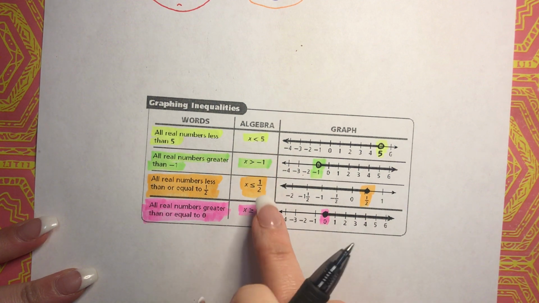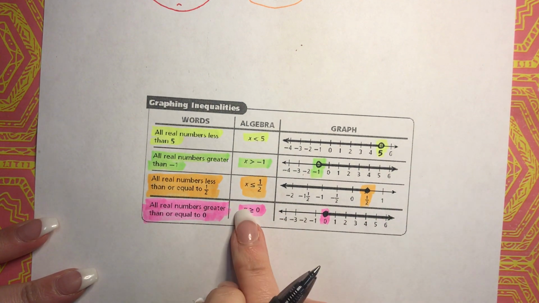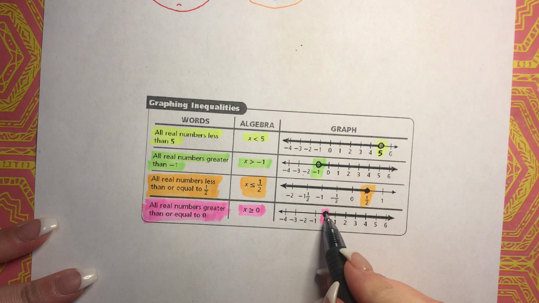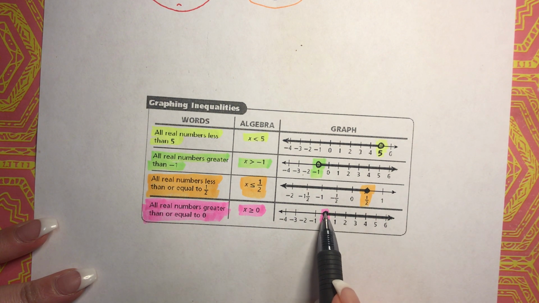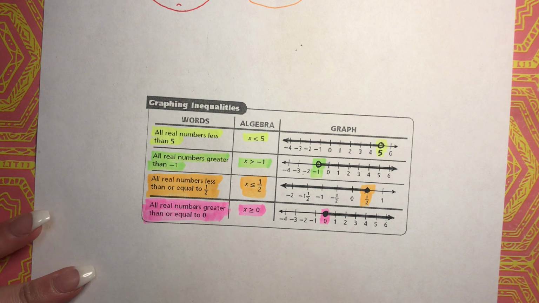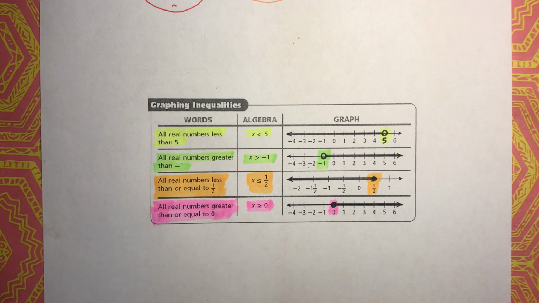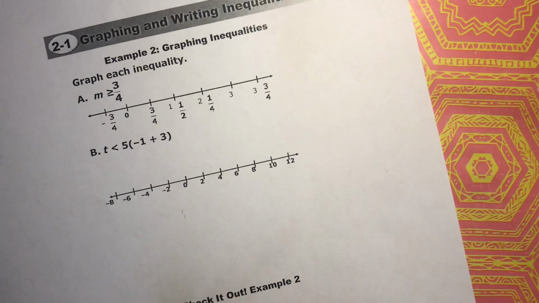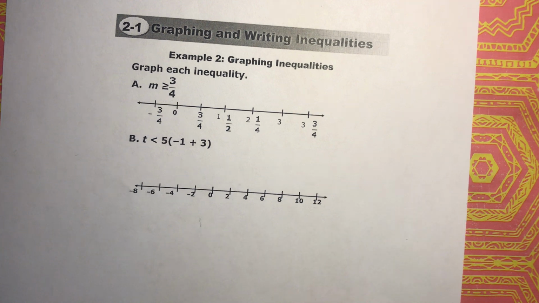So open, open, closed, closed. And x is bigger than 0, so it's all the numbers that are bigger than 0. Solution, solution, solution. What about this one? Yes, it's closed, so that means it's a solution. And anything over here, not a solution. Okay, perfect. So that's pretty much graphing. Let's look at some different examples on how to graph. So here we go. Example 2. Let's do this.